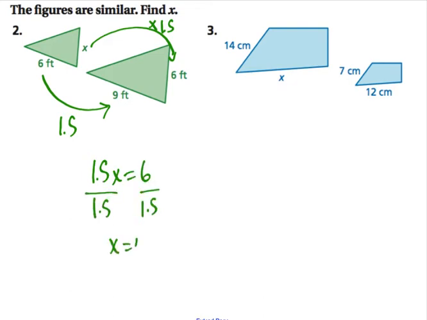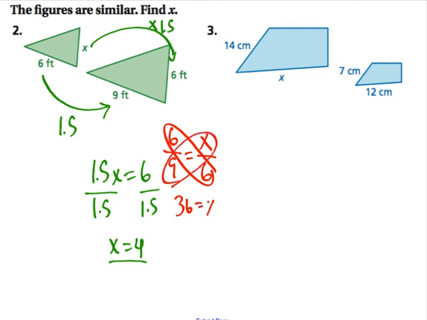And it looks like x would have to be 4. This one might be better to do with cross products. 6 compares to 9 the same way x compares to 6. And if we cross multiply and solve on this one, we would just divide by 9. And we do get x equals 4. And maybe we didn't have to think as hard about it.